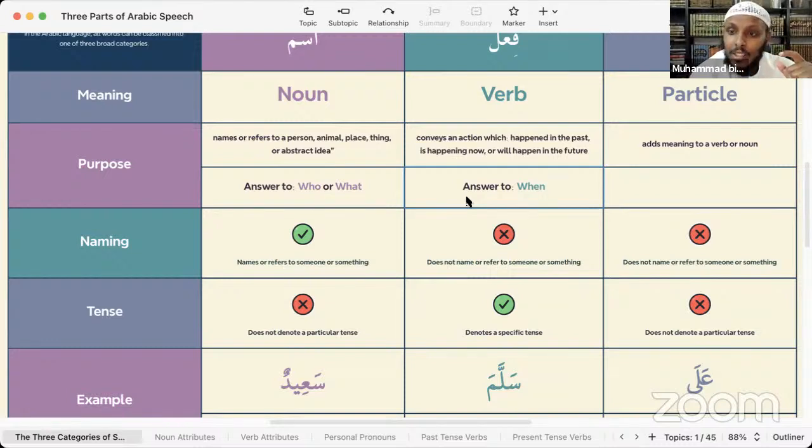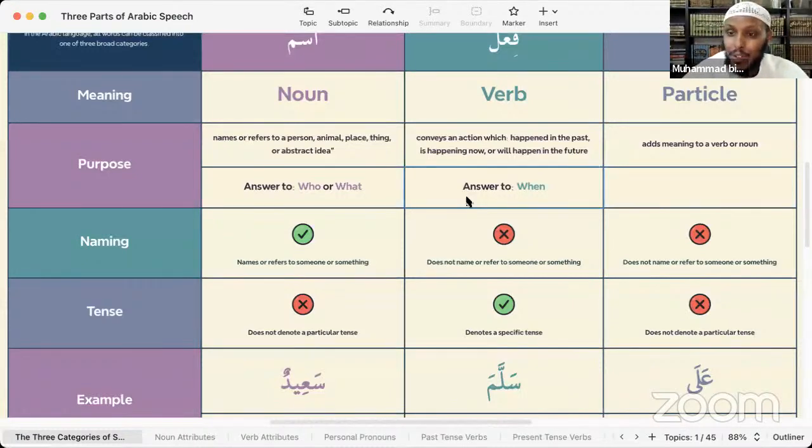Yes, it can. أكل أمس, yesterday. أكل قبل ساعة, an hour ago. Okay, why? Because أكل is past tense. طيب يأكل محمد تفاحة. Muhammad's eating an apple. Can it answer the question when? Yes, it can. يأكل. متى يأكل? يأكل الآن. You see, we can say متى يأكل. متى, when يأكل. When does he eat? متى أكل. متى سيأكل.